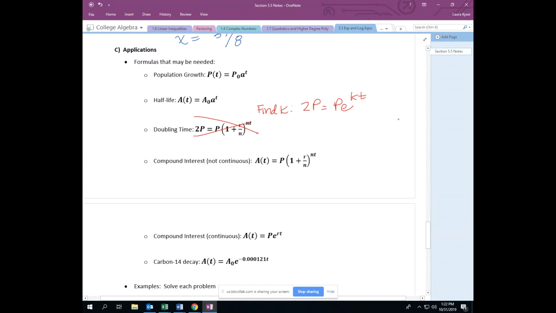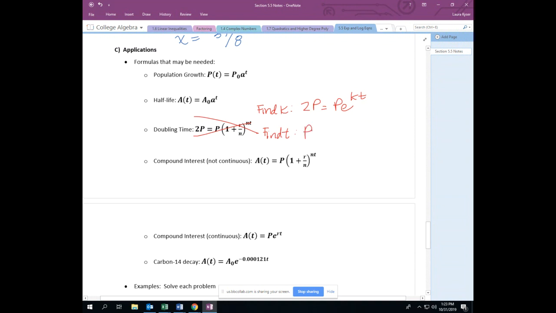P is the population, K is the constant we're looking for, and T is time. Now, once you find K, you can use a second formula to find T.